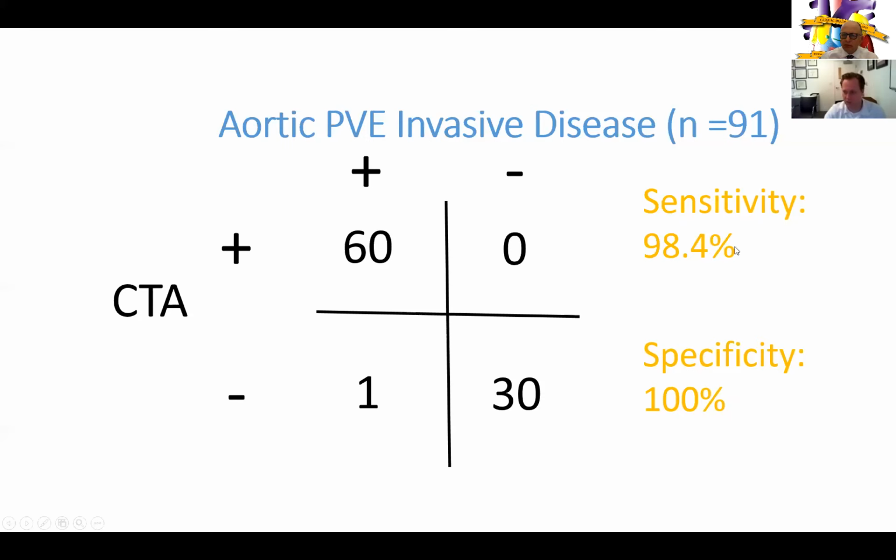So in this cohort, and it's a smaller number of 91 patients, the sensitivity was 98% and it was 100% specific. So we can see that CTA doesn't perform as well with vegetations, but performs better when we're looking for invasive complications, and particularly well if we're looking for invasive complications related to prosthetic valve endocarditis.